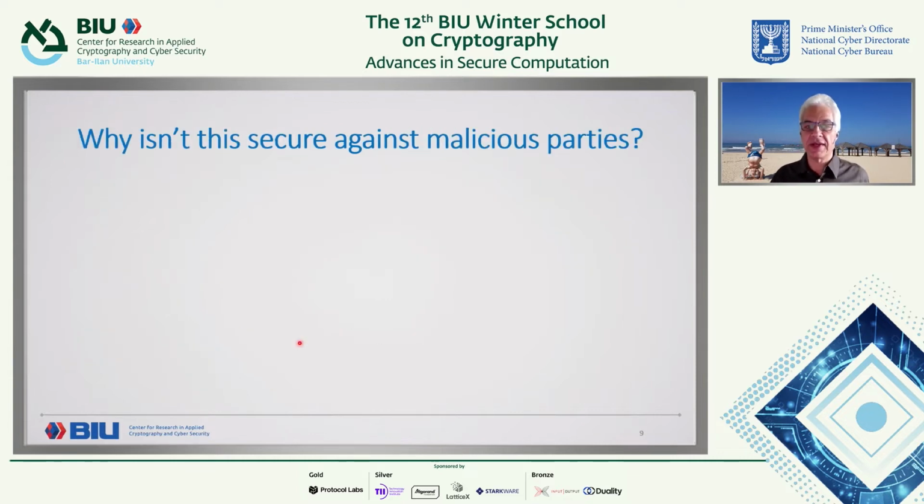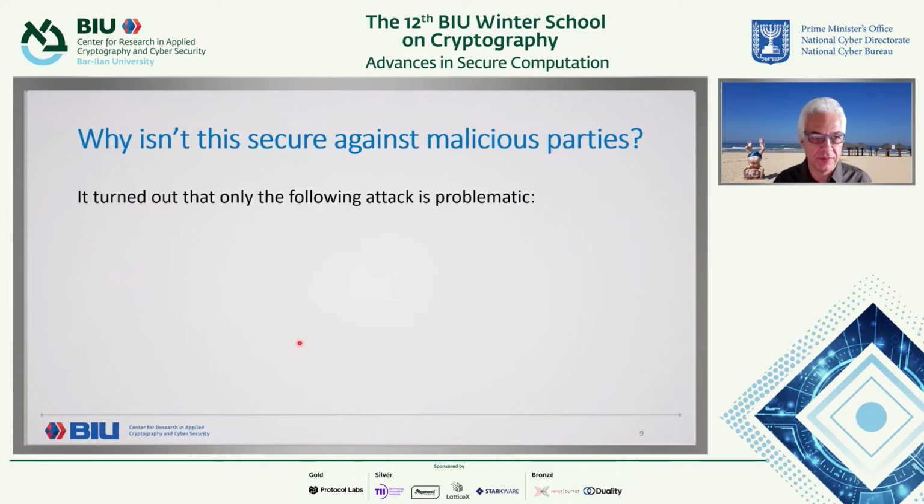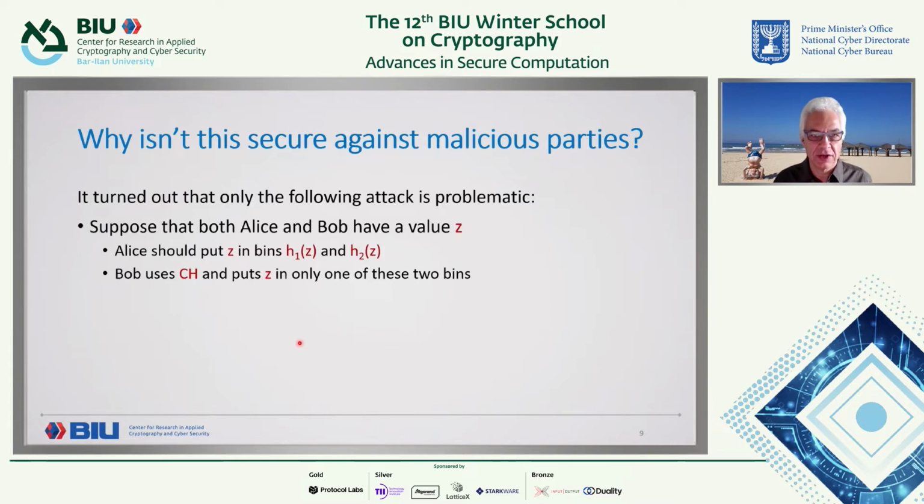So is this secure against malicious adversaries? Apparently it is secure except for one simple problem. We can make the OPRF secure against malicious adversaries, but there's one simple problem. Suppose both Alice and Bob have a value Z. Bob uses cuckoo hashing, so he puts Z either in H1 of Z or H2 of Z. Alice should put Z in both locations.